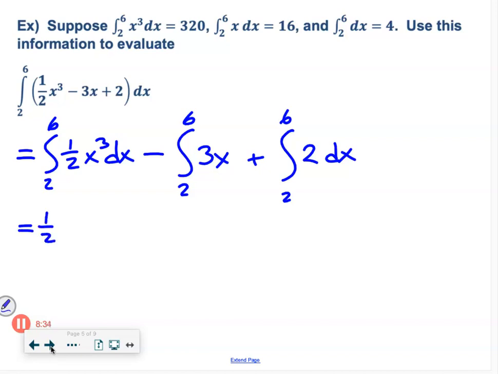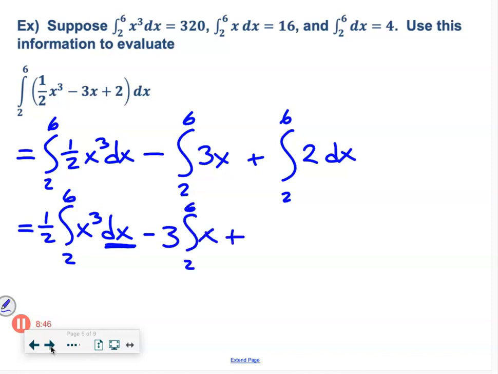So I have 1/2 integral from 2 to 6. Notice every integral needs a dx. Don't get lazy on writing it. That has to go with every integral. Minus 3 integral 2 to 6 of x plus, and you could keep this just 2. Well, let's put it as 1, because we're given the integral from 2 to 6 of 1 dx.